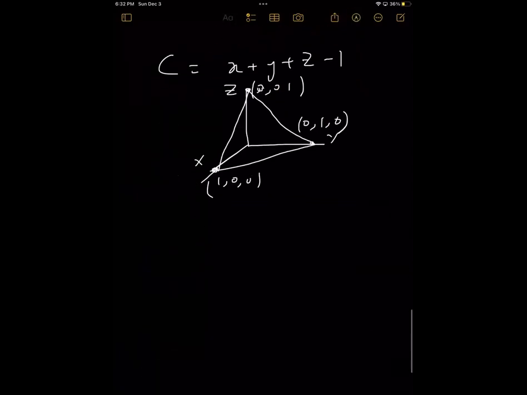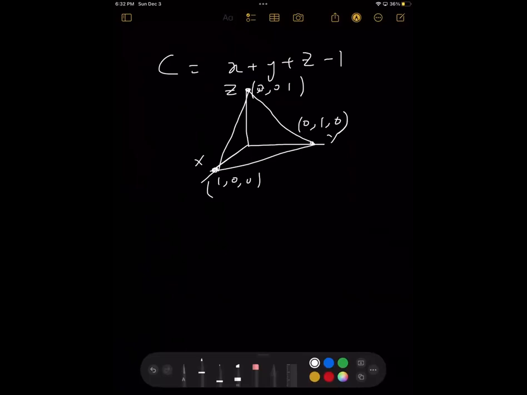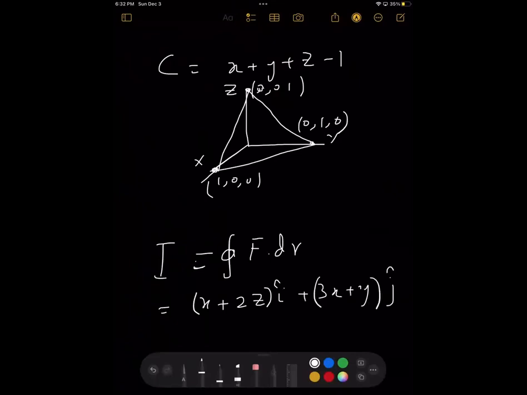Now let's find our integral. So the integral is the closed loop F dot dr. So this is x plus 2z i unit vector plus 3x plus y j unit vector plus 2y minus z k unit vector.